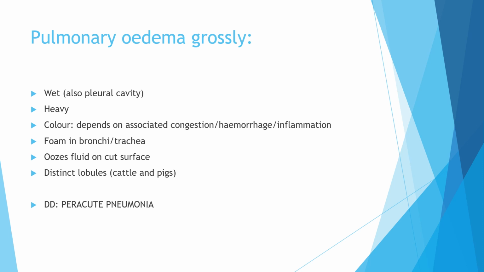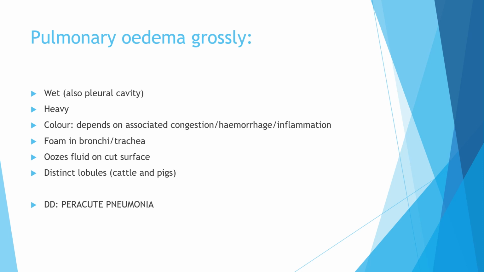Now think about it. There often is foam in the conducting system. This is not because the animal has decided to enjoy a bubble bath, no. However, the mixing of edema fluid, when there's an excess and when things have gone wrong, as I explained earlier, together with surfactant, which is normally present within the conducting system of the lung, as well as with air, causes the bubbly appearance that we then see.